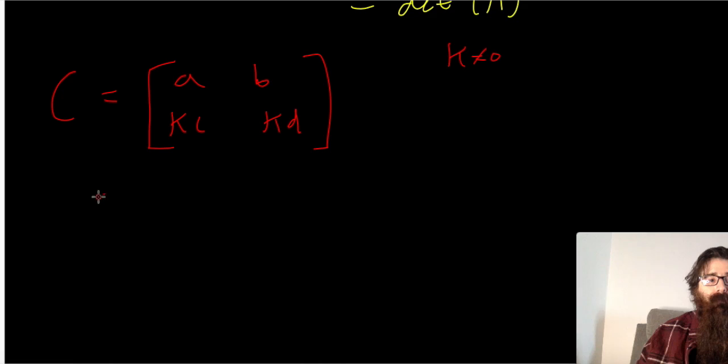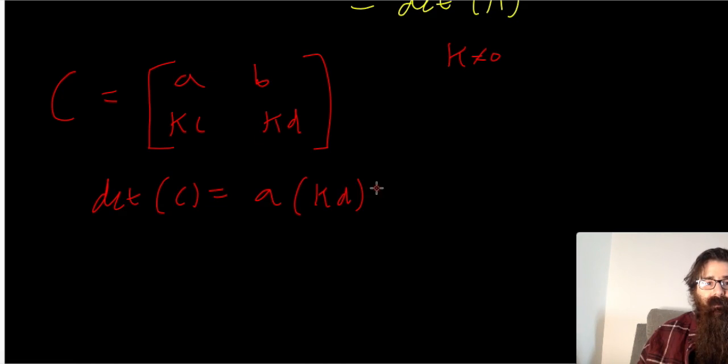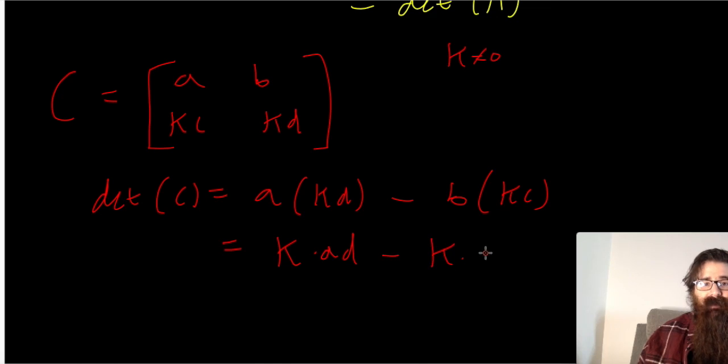And if I find the determinant now, I'm going to get A times K times D minus B times K times C. And here I can rewrite this. Let me bring the K's to the front. That's K times A times D minus K times B times C. And I can factor K out since it appears in both terms.